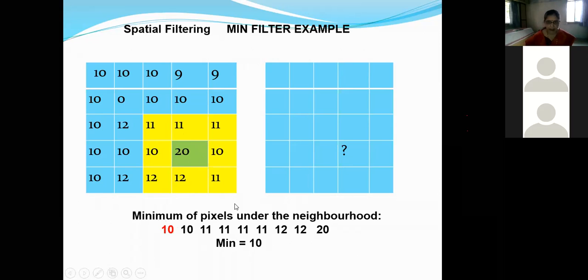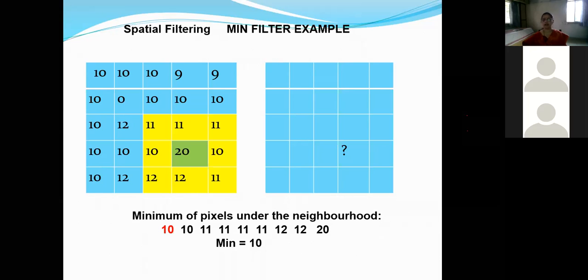Now, answer my question. If we have an image which is corrupted by high intensity spikes, which of the two filters is useful? Minimum filter or maximum filter?